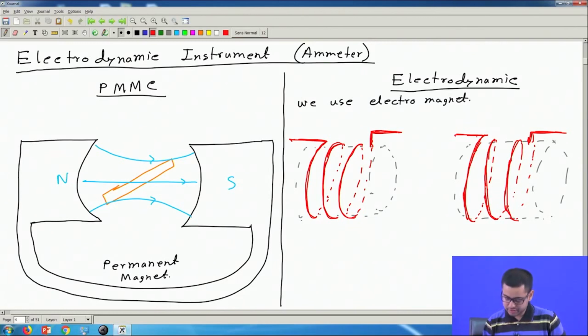Now, if we have any current I through this and also some current I through this, so this will act like a, let me draw the coil completely for a better visualization.